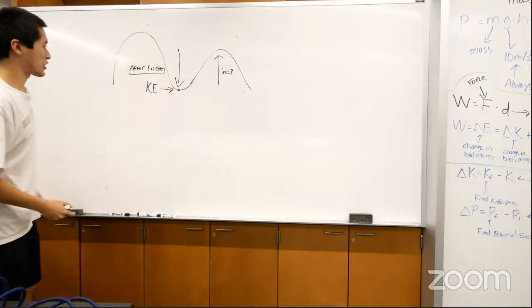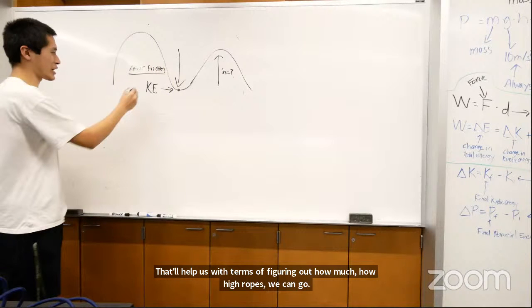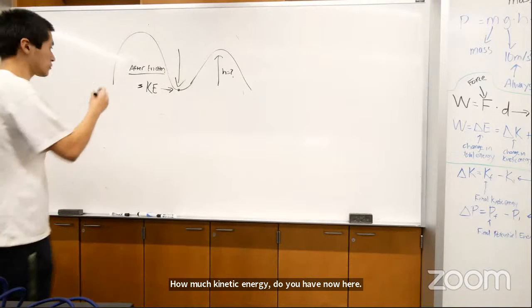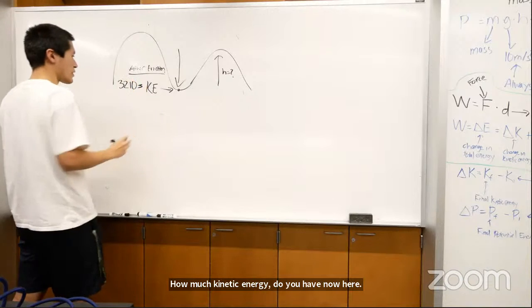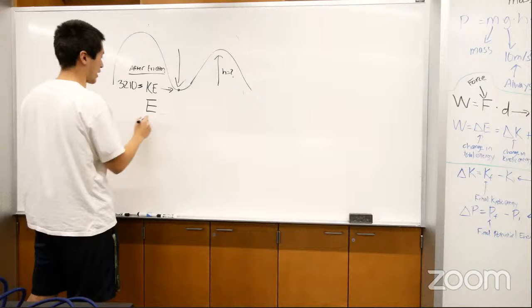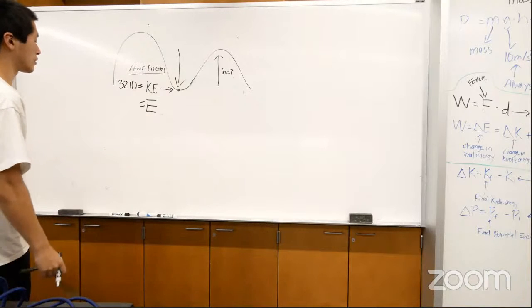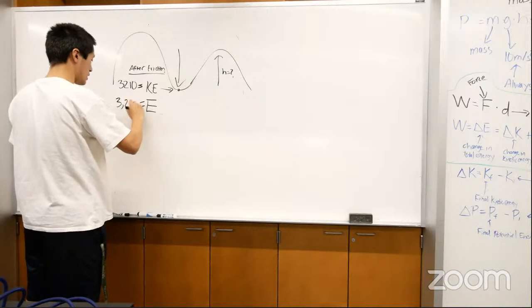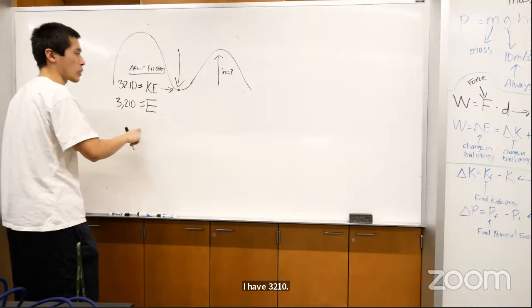I have 3,210. Mm-hmm. And so how much energy would your roller coaster have now? 3,210, right? Mm-hmm. Okay. So this is very helpful for us.